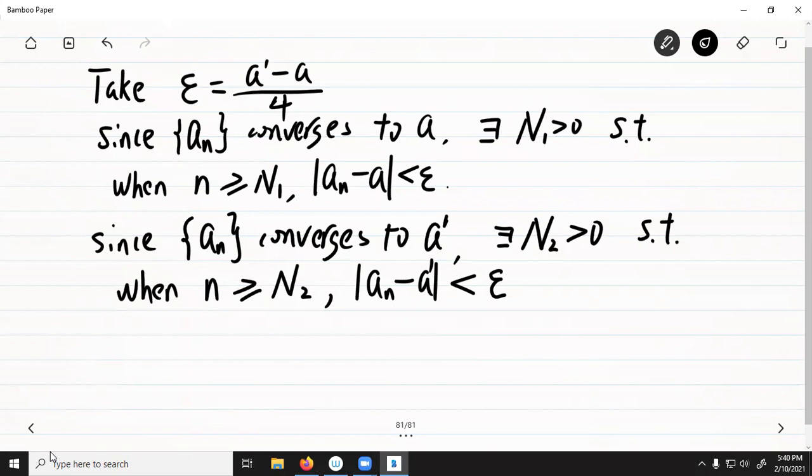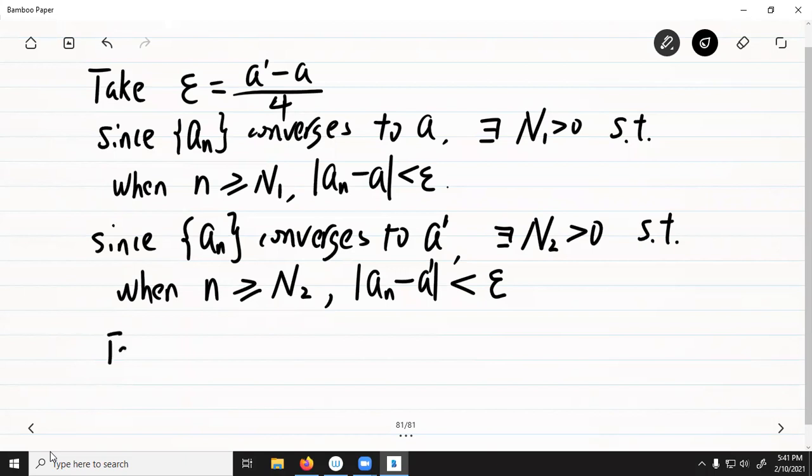So the next thing is we want to use these two inequalities at the same time. There is a technique, a trick, we will use here. After N sub 1, this one would be true, right? After N sub 2, this inequality would be true. We want to make these two inequalities true at the same time. What should we do?